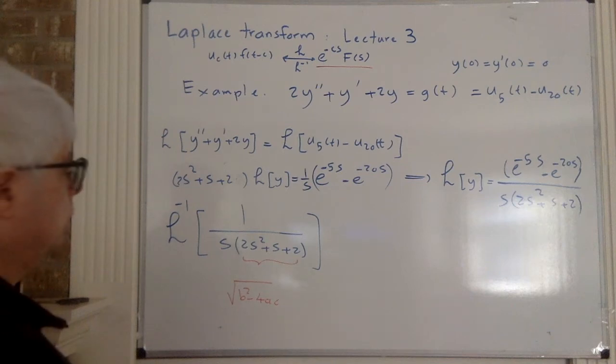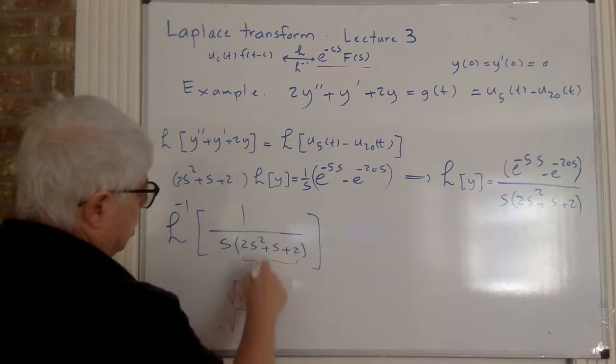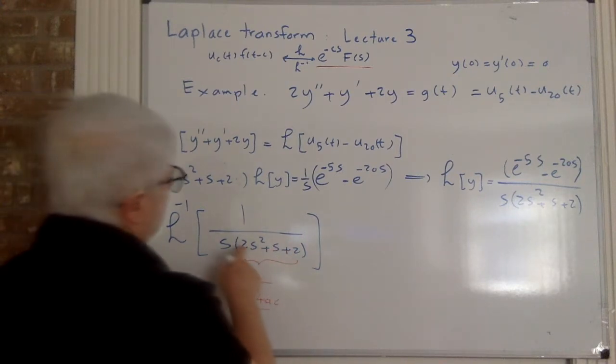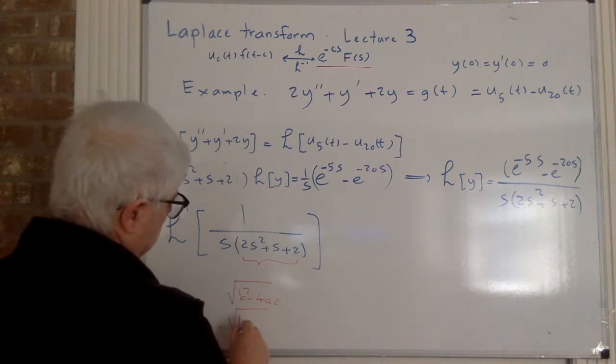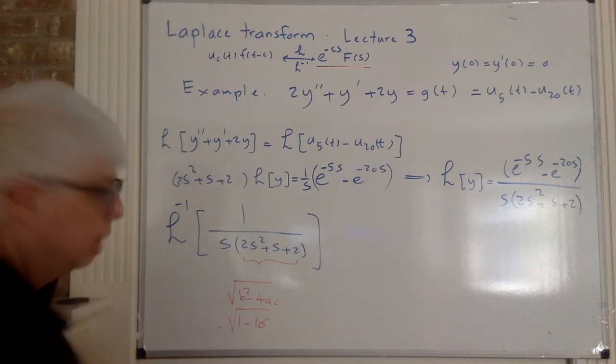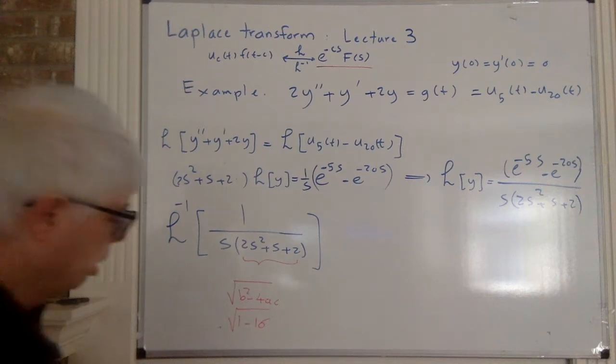So let's check that. b squared minus 4ac here is 1 minus 4 times 1 times 2, so that's 1 minus 8, which is minus 7, so it is irreducible. That's the best way. Don't try anything else, just do that.